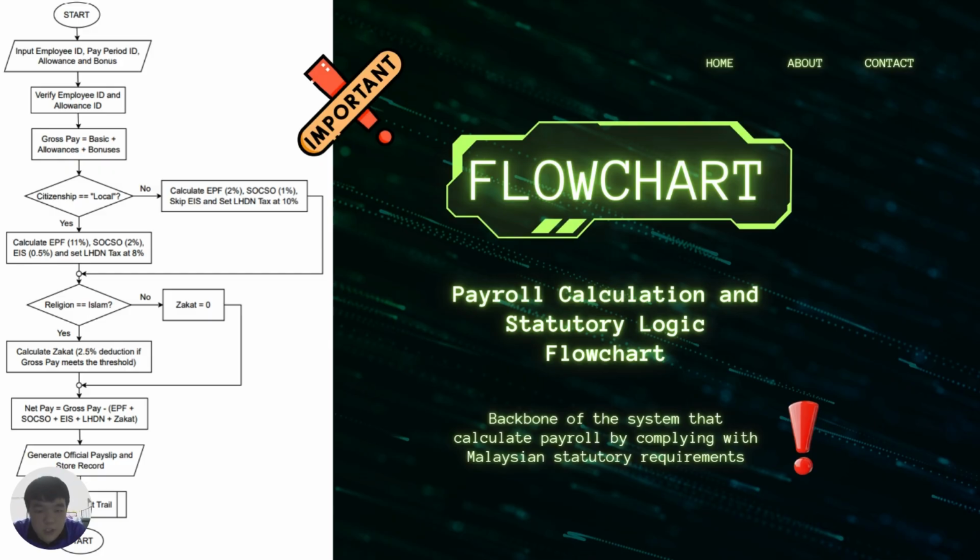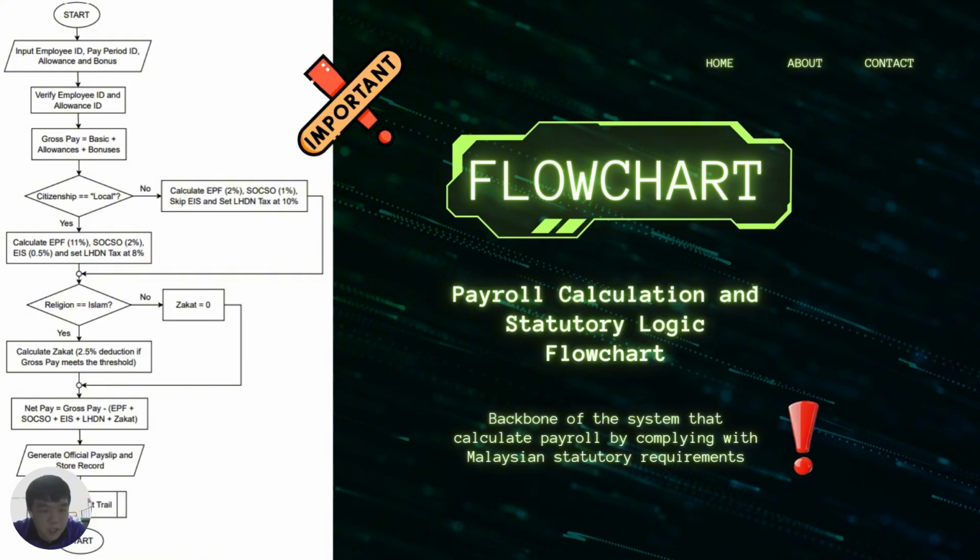Next, the third flowchart is the payroll calculation and statutory logic flowchart. It is the backbone of the system that calculates the payroll in compliance with the Malaysian statutory requirements. The system asks the user to input the employee ID, pay period ID, and the allowance and bonus. Then it verifies the IDs for the employee and allowance to check if they are valid.